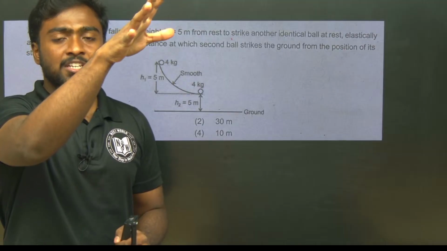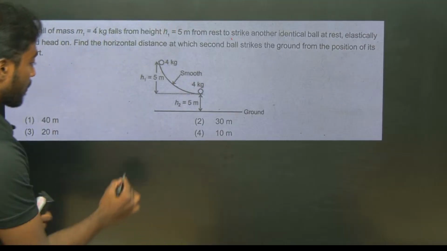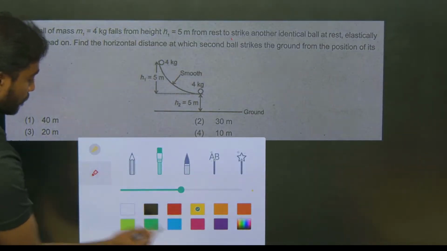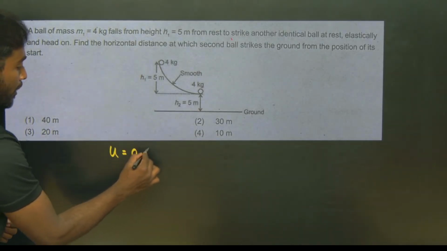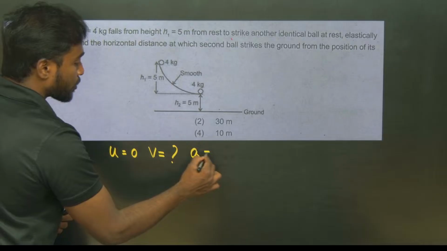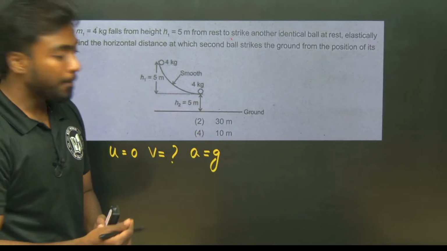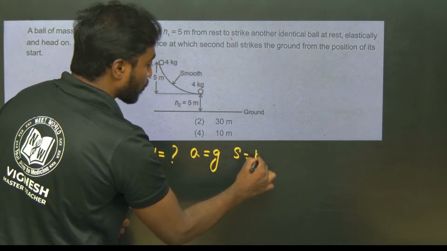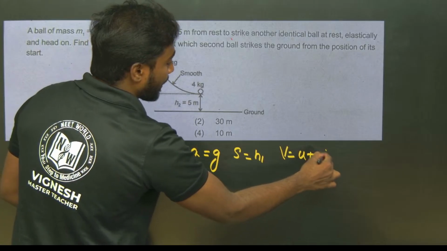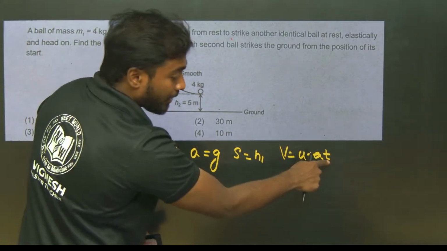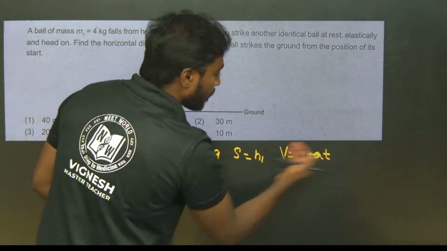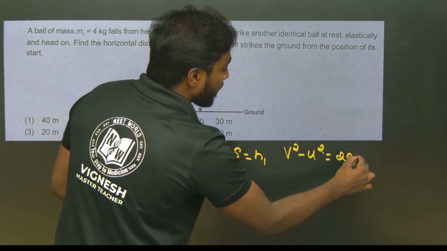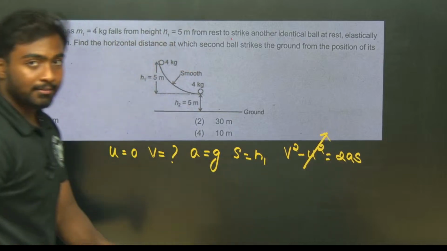If I drop a ball initially from rest, u equals 0, v I need to find, a equals gravity, like the freely falling body we have studied. a equals g, and displacement S equals H1. I can't use v equals u plus at since t is unknown, but I can use v square minus u square equals 2aS. Here u square is 0, so I can neglect it.